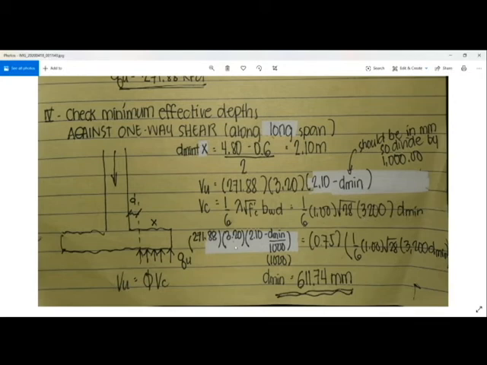So we equate them with each other: 271.88 times 3.20 times 2.10 minus d min over 1,000.